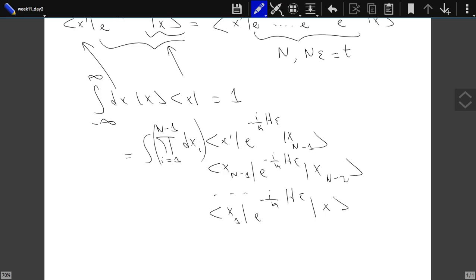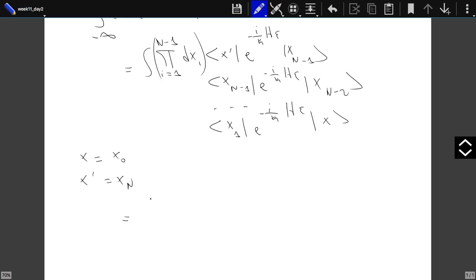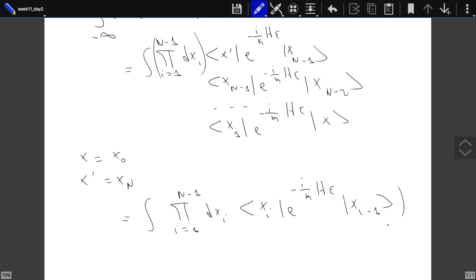Now, just for notational simplicity, let's call x our x_0 and x' our x_n. So we can write exactly the same thing as the product from i equals 1 to n-1 of the integral of dx_i, of <x_i| e^(-i/ħ Hε) |x_{i-1}>. Now all of this is in the product.